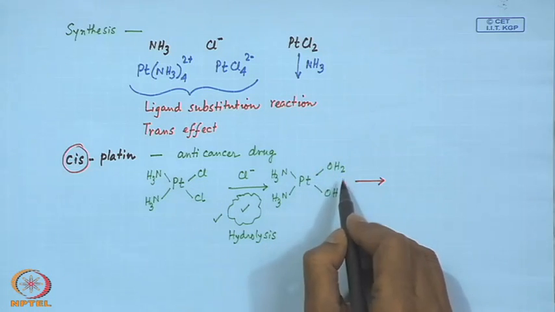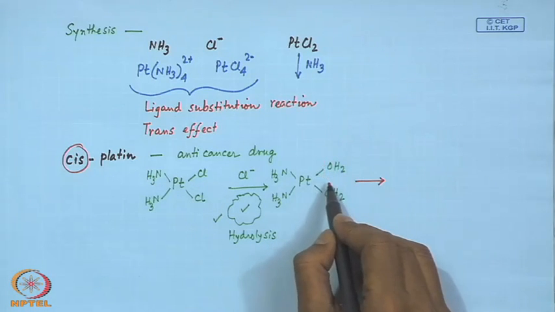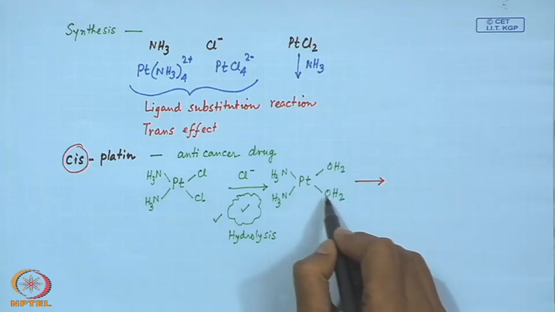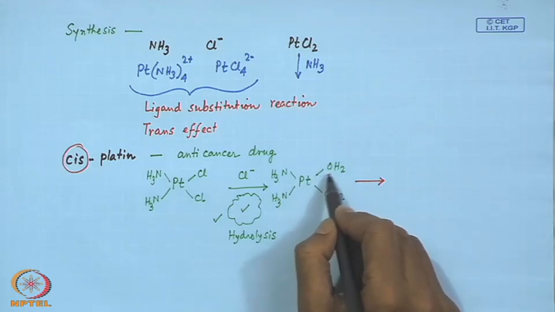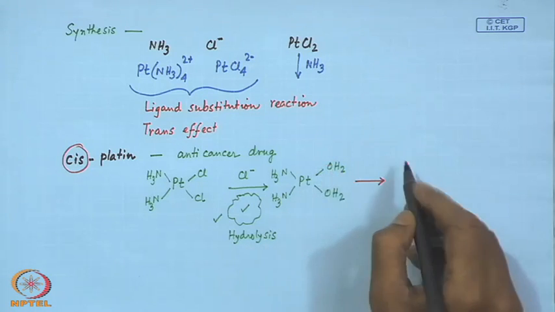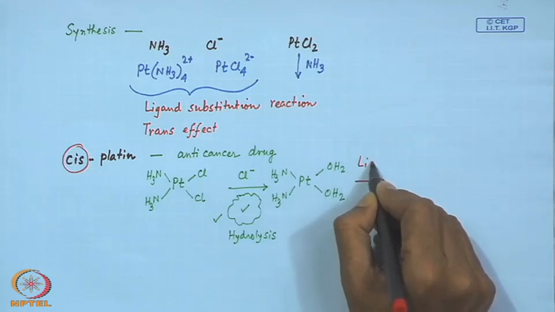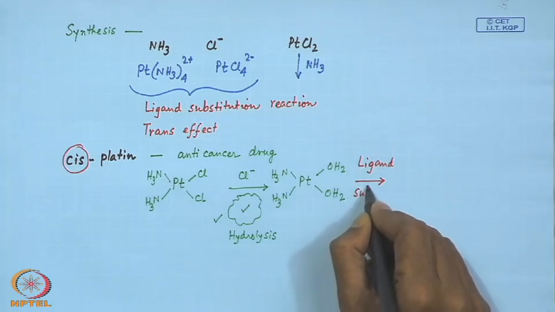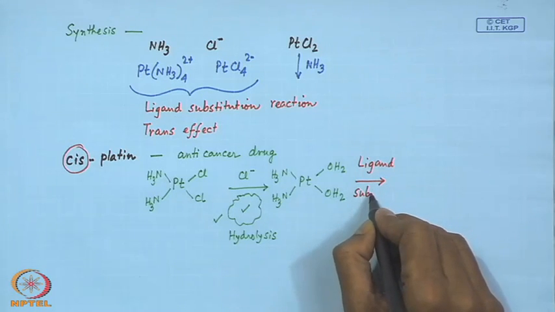So, it can go and bind the nucleobases, because this platinum water bond is very much labile, and it can go for ligand substitution reactions with the DNA bases.